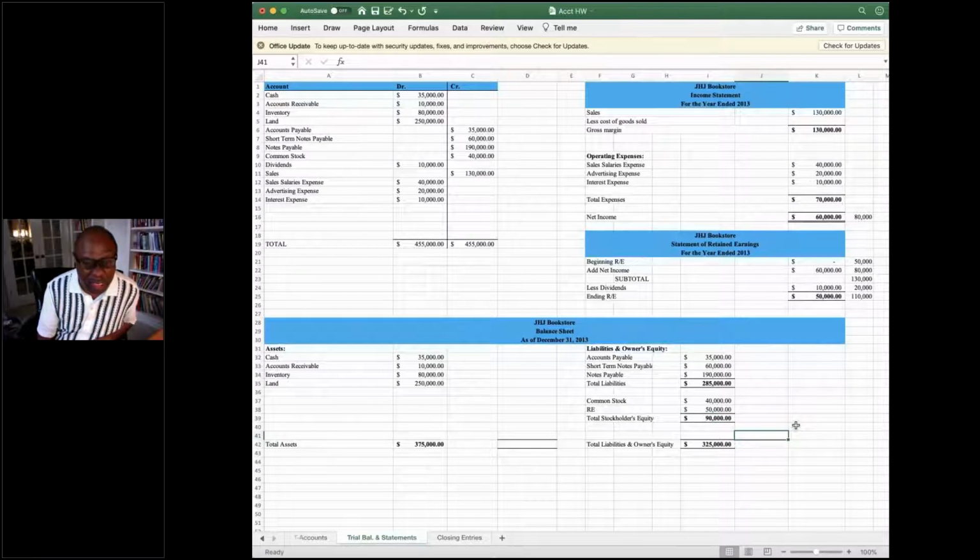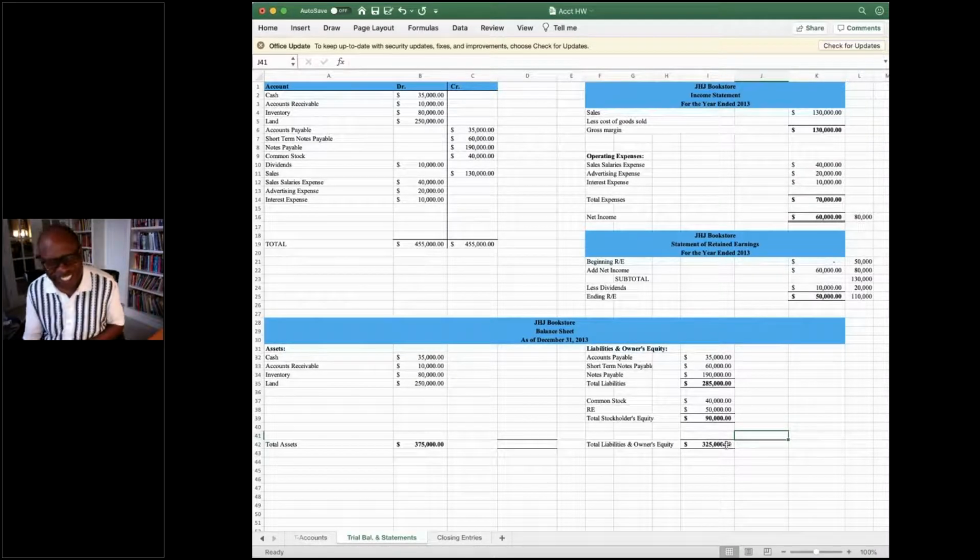Uh-oh, here's another mistake. Why didn't this change automatically? Because I didn't have the Excel spreadsheet set up to change automatically. I'm an old school calculator type of person. My fault.